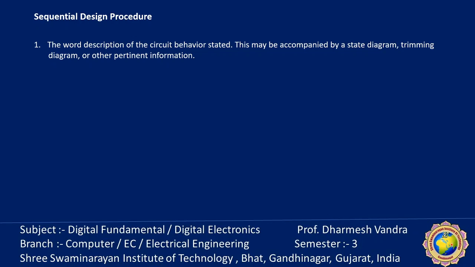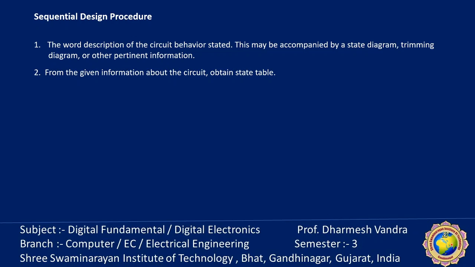So whatever the word description of circuit behavior is, it is given to us as the designer. From this word description, derive the state diagram or timing diagram or pertinent information. Okay. Now next, from the given information, obtain the state table.